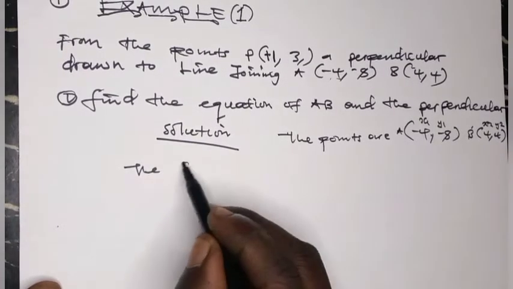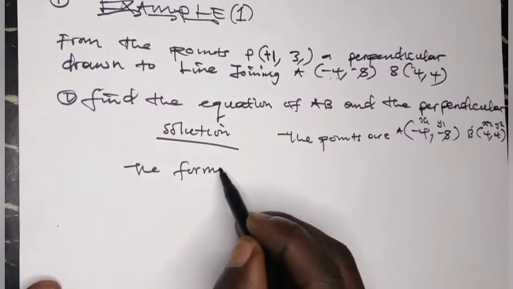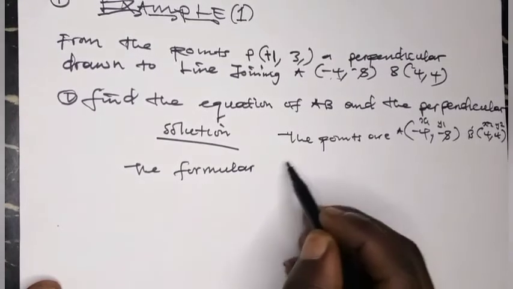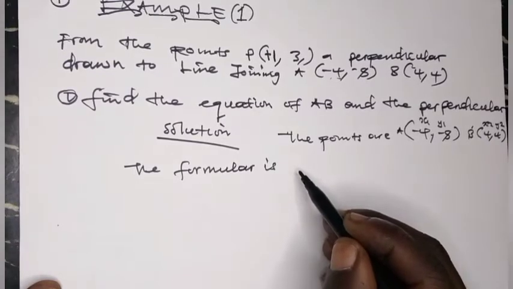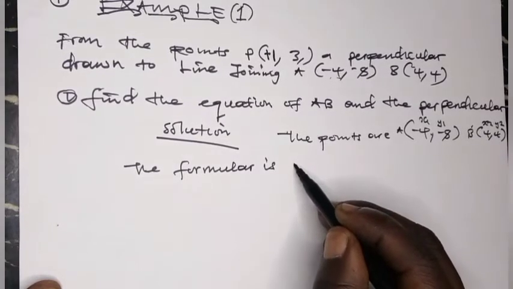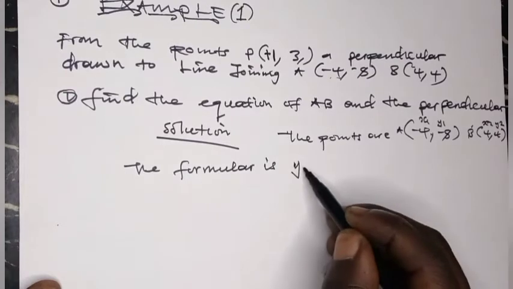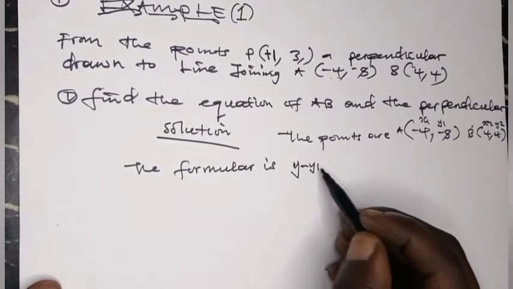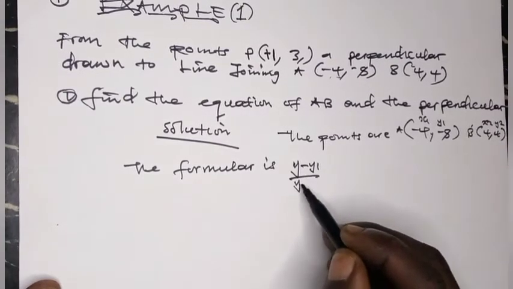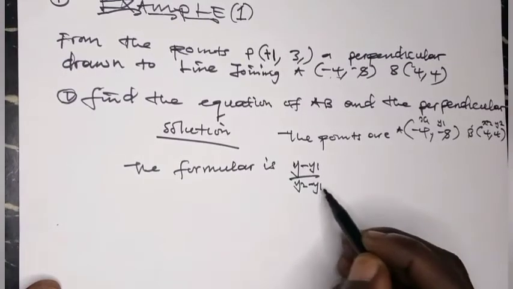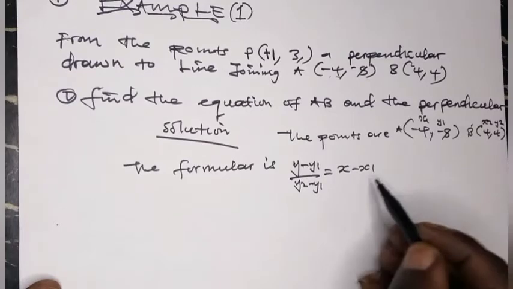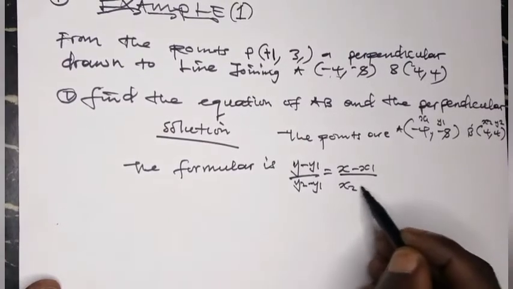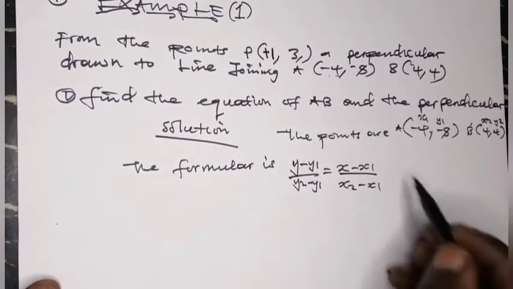Then the formula is (y minus y1) over (y2 minus y1), which is equal to (x minus x1) over (x2 minus x1).